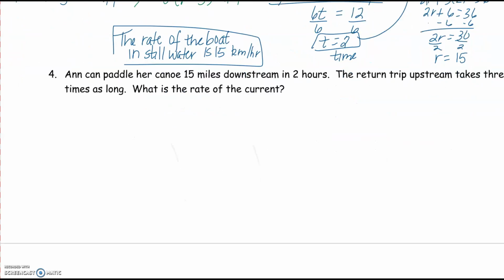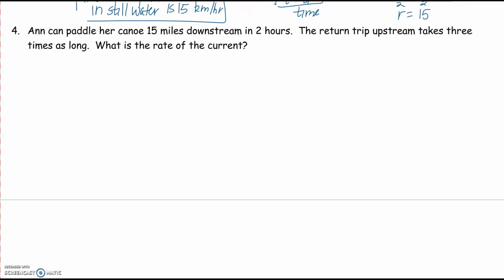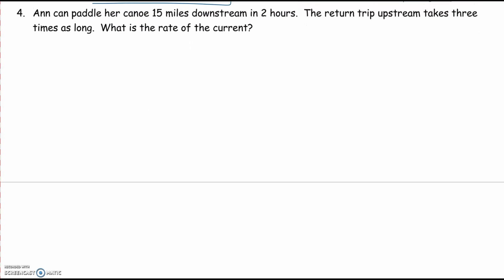We have one left. Anne can paddle her canoe 15 miles downstream in 2 hours. The return trip upstream takes 3 times as long. What is the rate of the current? So rate times time equals distance. She's going down, she's coming back up.